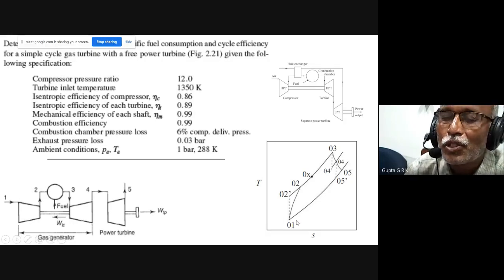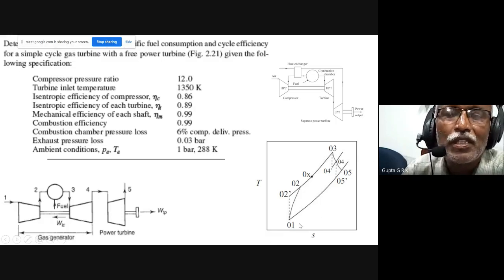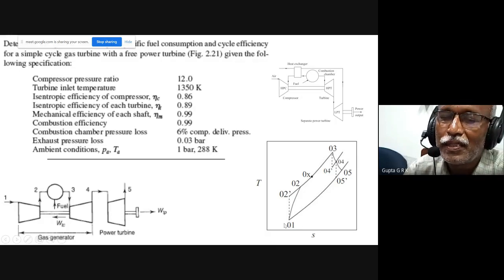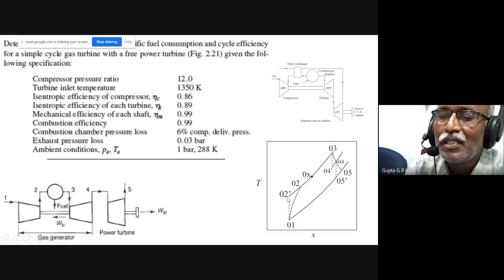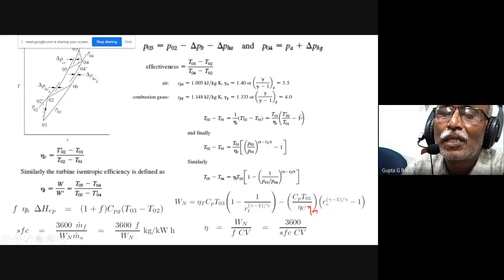So in this problem we start with P01, T01, which is 1 bar and 288 K. I will tell you step by step how to go. First, you have to calculate 02 dash. You can use the direct expression for T02 minus T01, but you need not remember it.